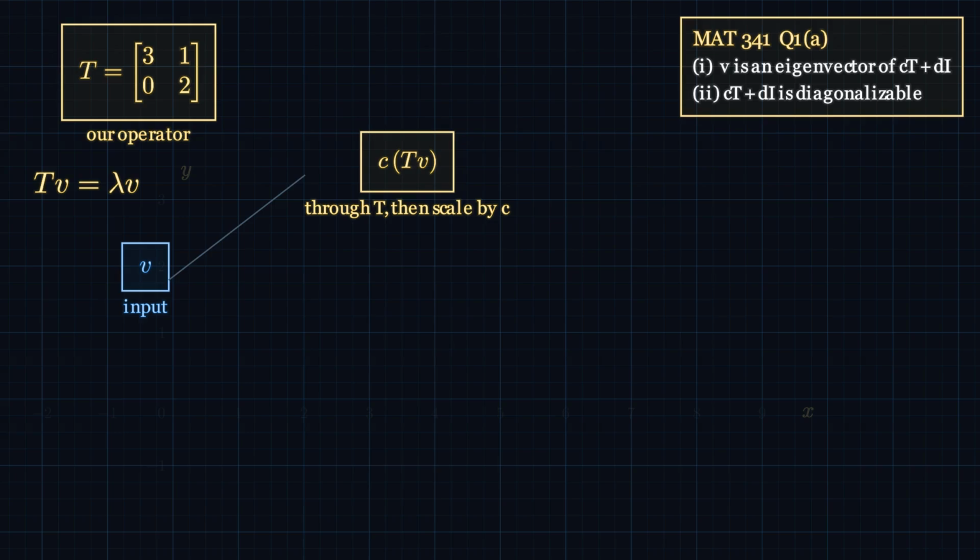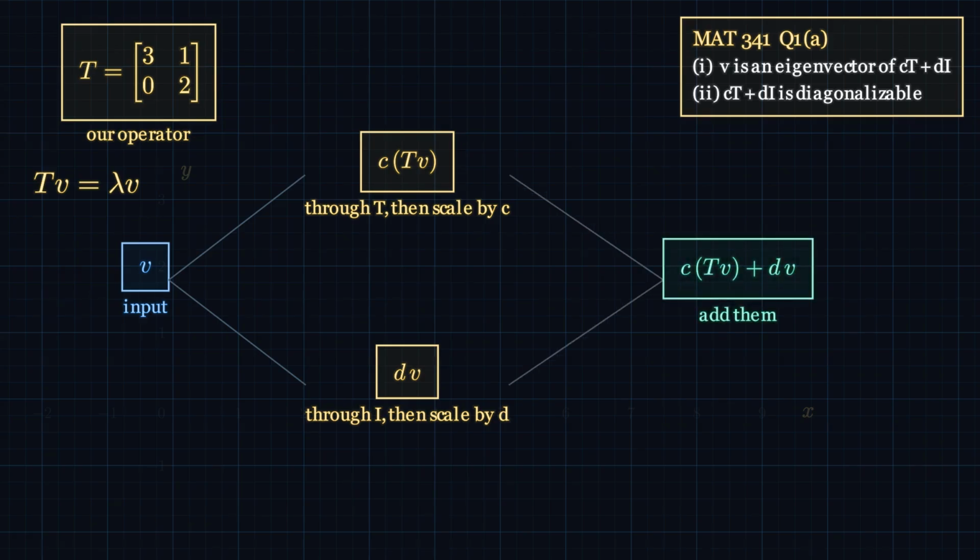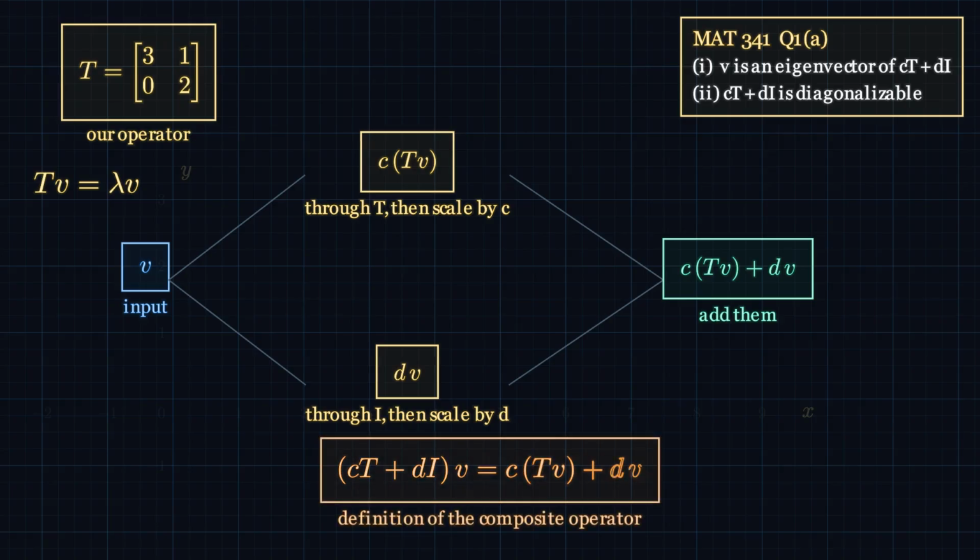Feed v through T and scale that output by c. Step 2. Feed v through I, which returns v itself, and scale it by d. Step 3. Add the 2 resulting arrows tip to tail. Write this as one line. cT plus dI applied to v equals c times T applied to v plus d times v.